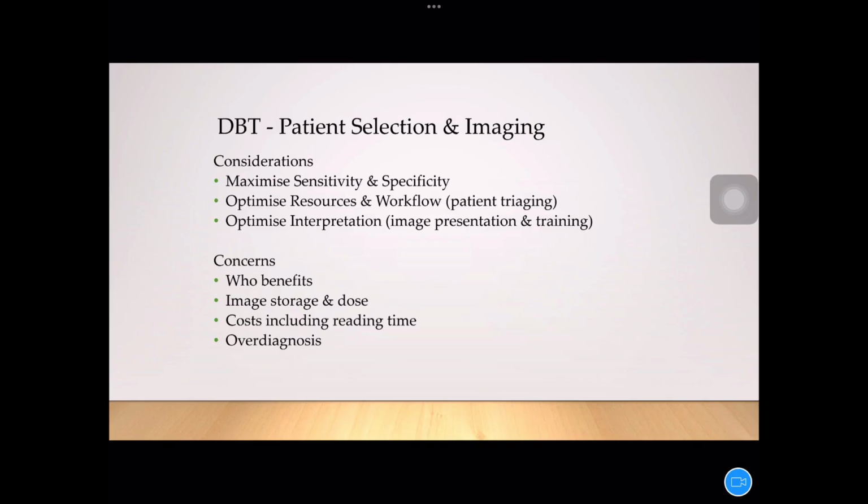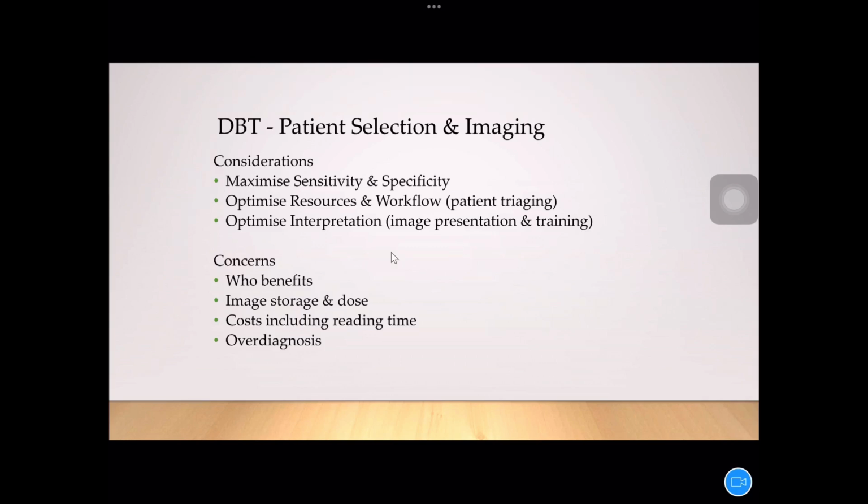We want to optimise our resources and workflow. We want to make sure we triage patients the correct way so that we have a nice smooth workflow. We want to optimise our interpretation of the images, and this comes with having had adequate training and also with how we go through the image study.